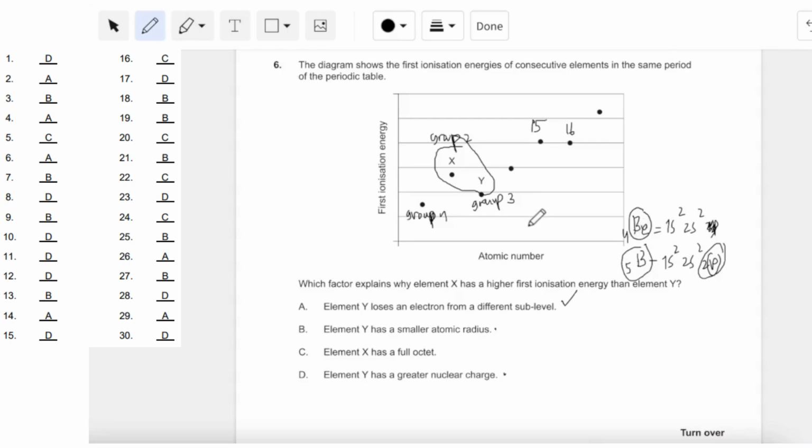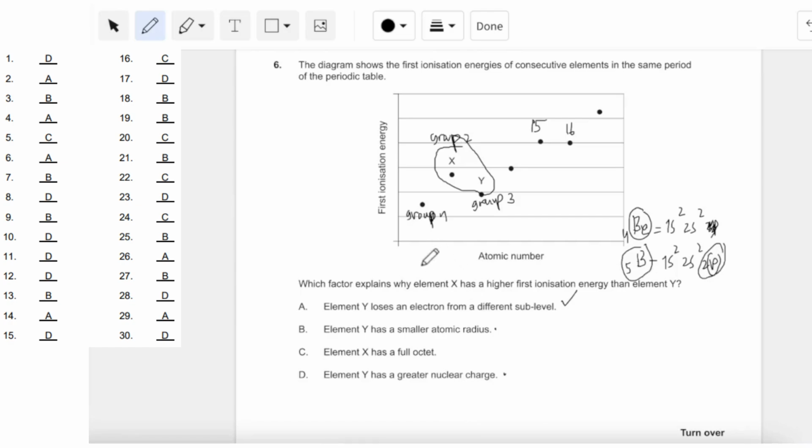Why not B? B and D are not wrong, but they don't really explain why ionization energy is lower. They only explain why it's difficult to ionize, holding electrons in the outer shell more tightly.